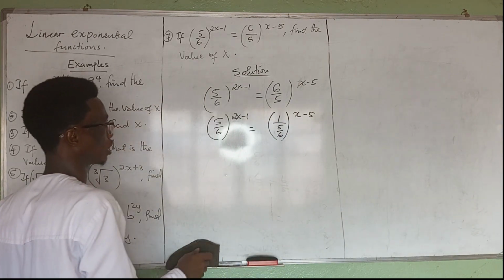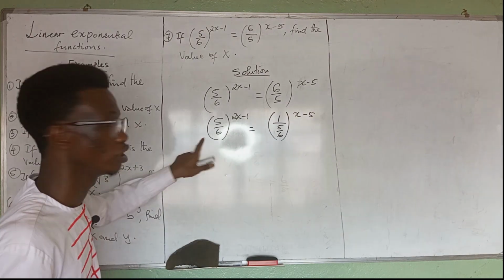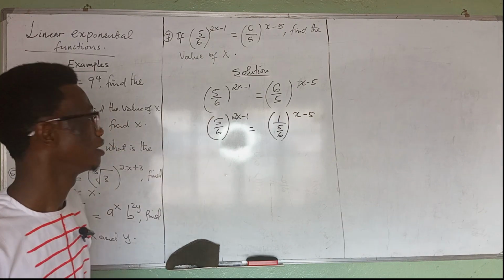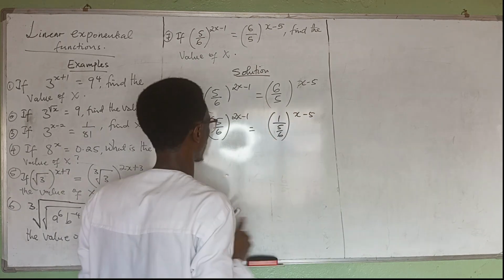Now, to change this to the form with 5/6, we just get rid of this one.